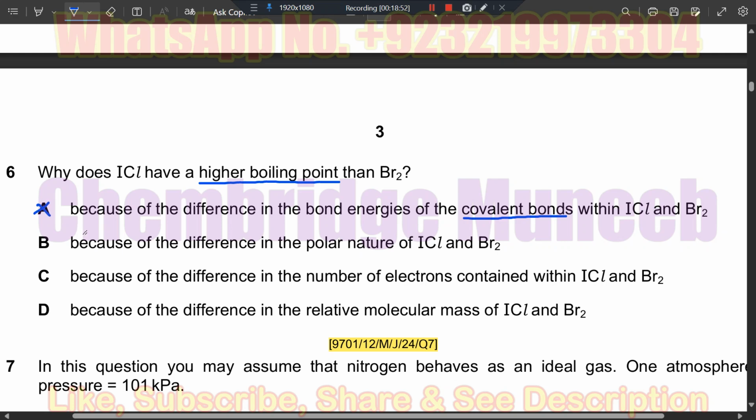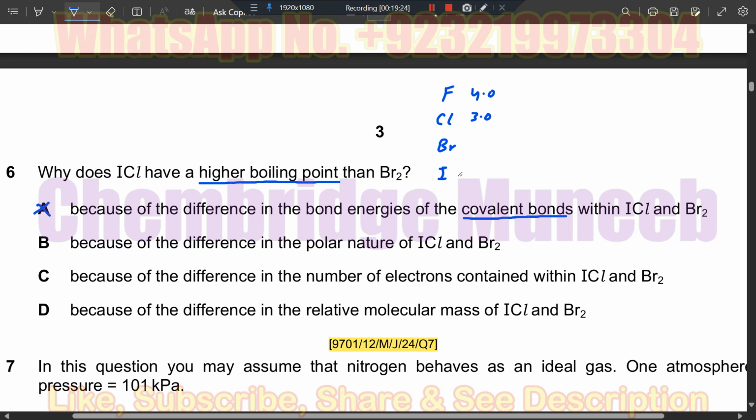So A is omitted. The B option says it is because of the difference in polar nature of ICl and Br2. Alright, if we check the trend of the electronegativity values going from top to bottom in group 7, fluorine has the highest value of 4.0, and then chlorine has a value of 3.0, then bromine, and then iodine.